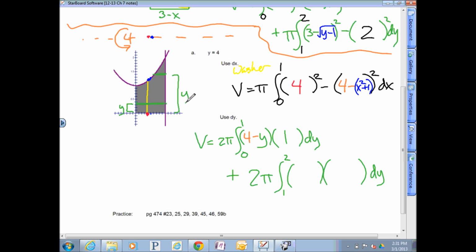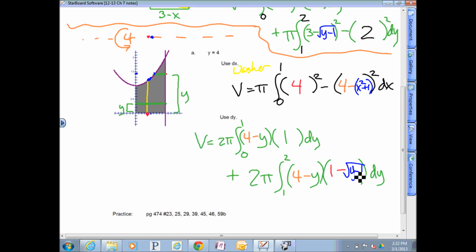We're taking it the other way. So it must be the difference between 4 and that y. How long is that rectangle? The length of that rectangle would be the difference between this 1 and that f of y, which was the square root of y minus 1.